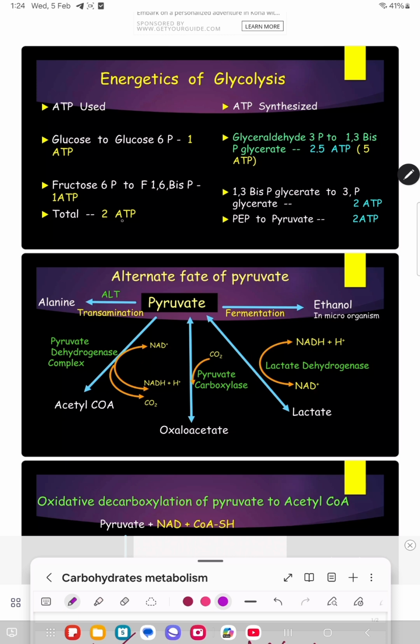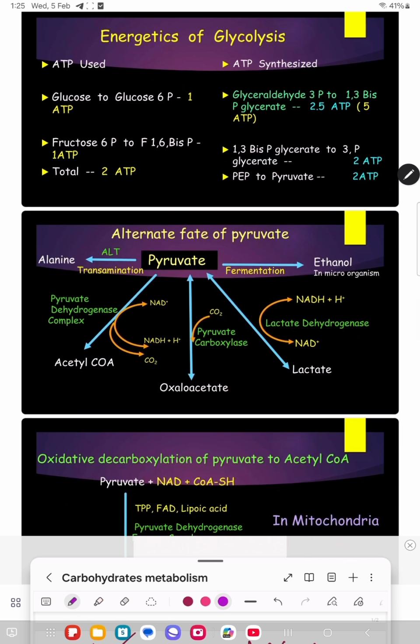So the 2 ATP got cancelled, and finally 2 ATP was the product, okay. Here ATP were used, and here the ATP synthesis, and both got cancelled, but these 2 ATP will be the whole product.